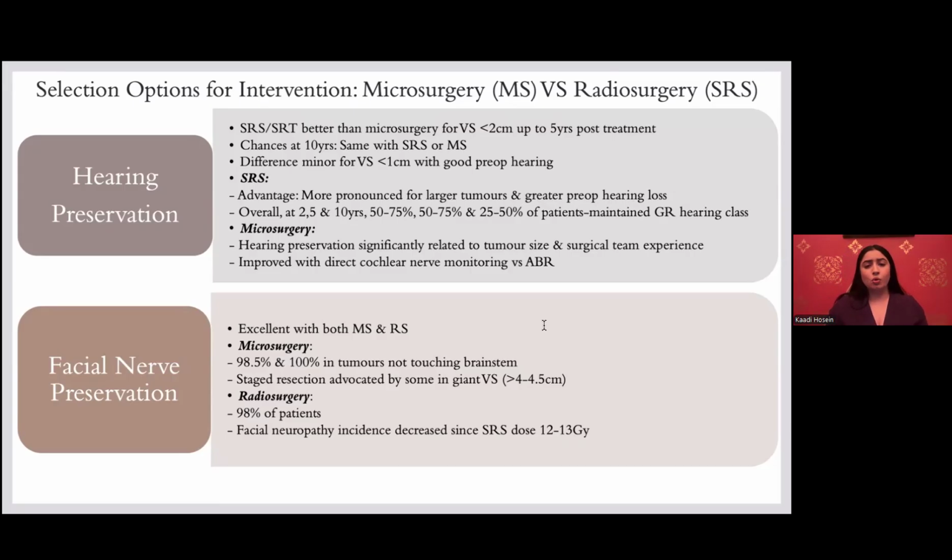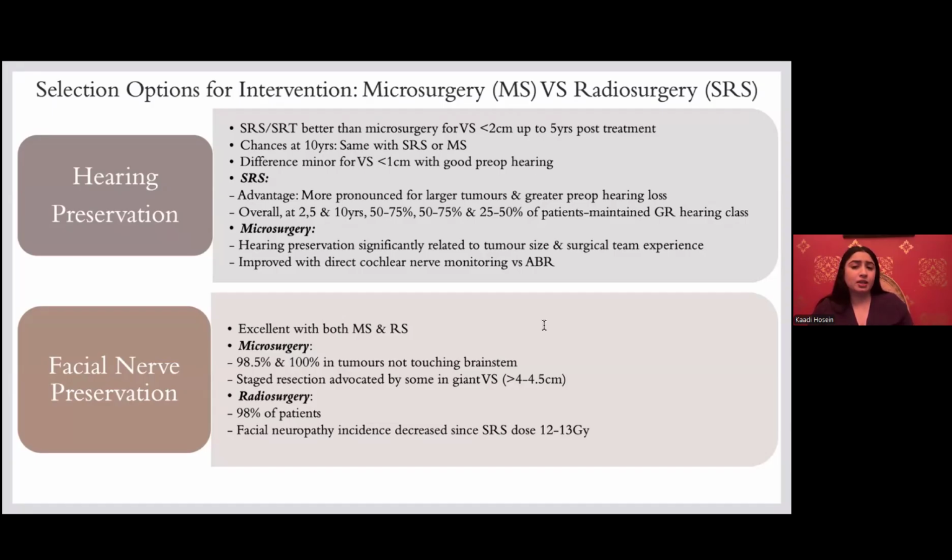For SRS, overall at years 2, 5, and 10, 50 to 75%, 50 to 75%, and 25 to 50% of patients maintain their Gardner-Robinson hearing class, and hearing preservation appears to be related to the radiation dosage to the cochlea rather than to the tumor itself. For microsurgery, hearing preservation is significantly related to the tumor size and to the surgical team experience.